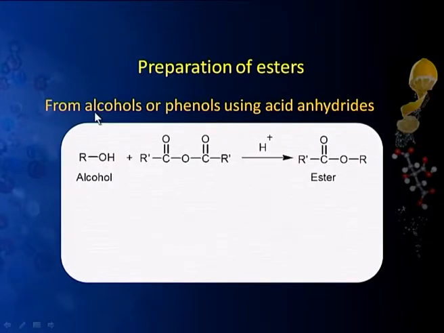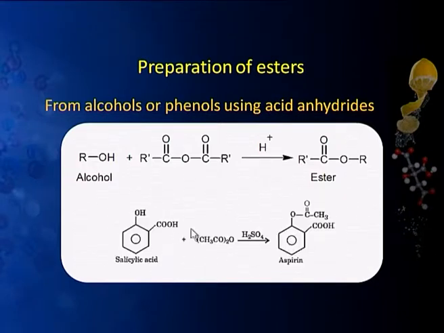Then we can get esters from alcohols or phenols using acid anhydrides also. Acid anhydrides react with alcohols or phenols and a molecule of acid is eliminated. This alcohol part goes with one of the acyl parts and the other goes as an acid molecule. This reaction is also assisted by the presence of a few drops of concentrated sulfuric acid.